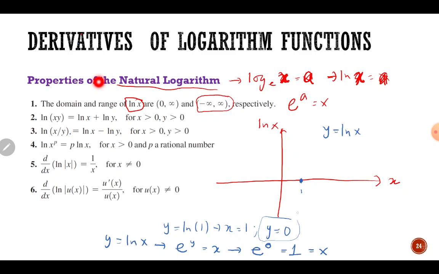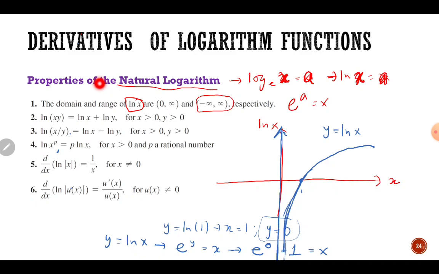Okay, so maknanya graph dia macam ni. This is the graph for y equals to ln x. Okay, ni yang kita pernah belajar dalam chapter 3 sebelum ni, maknanya dia tak akan cross the y-axis. Dia hanya menghampiri y-axis.